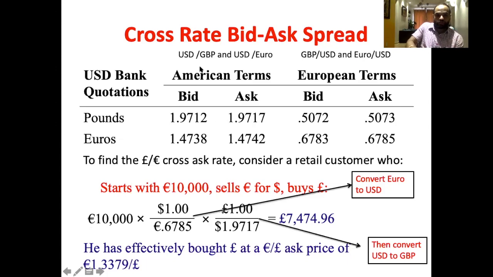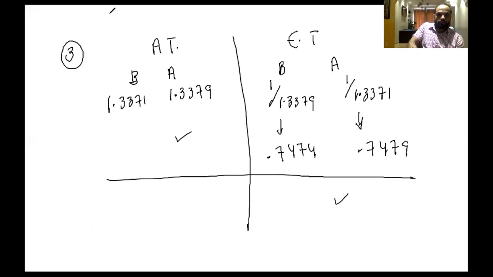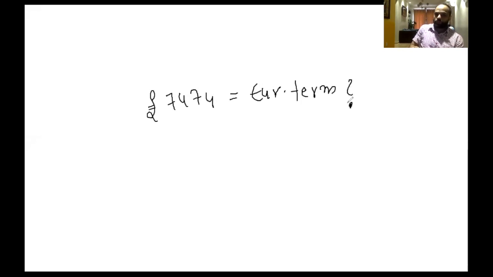How do I know? I repeat your question and then I explain. How do I know this 0.7474 is European terms? That's your question.